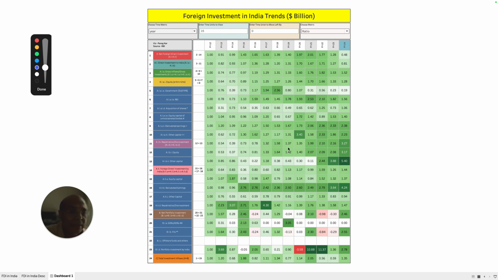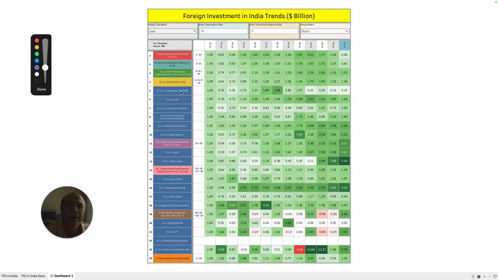Now if you look at the disinvestment number, it has increased significantly, and it is now 3.27 times what you saw in FY12. So people have been taking money out of India more than what they are putting inside, right?